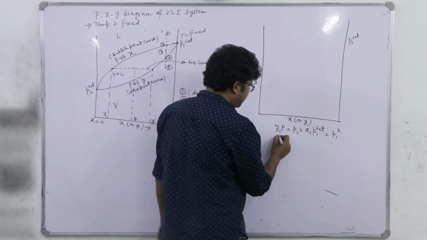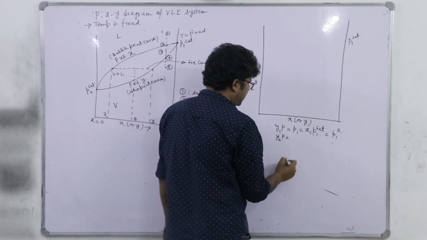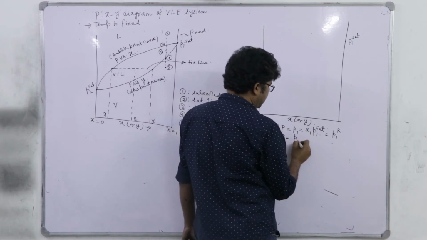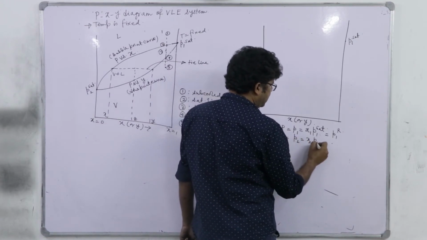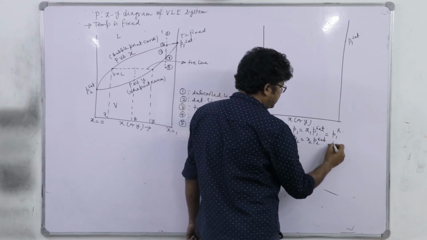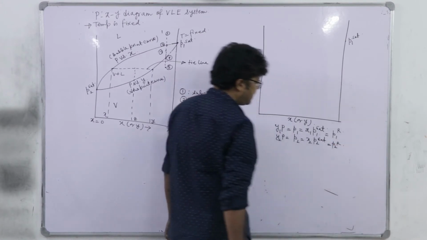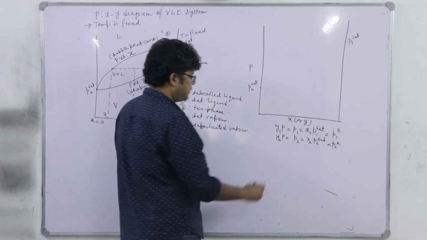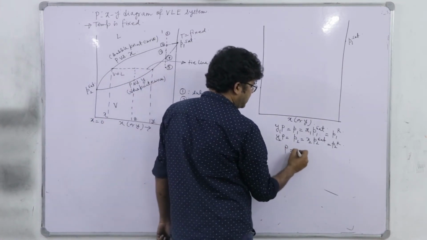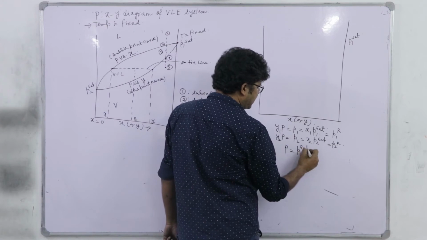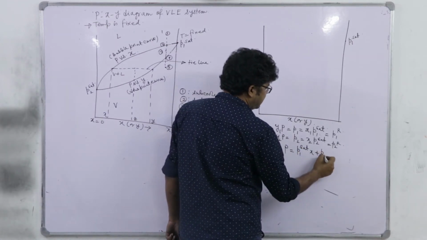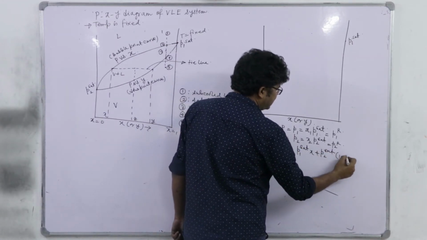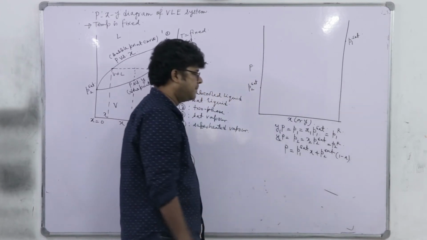And for component 2, y2 into p, that is equal to p2, that is x2 into p2 sat, that is equal to p2r. So if I add these two equations, I will get p is equal to p1 sat into x plus p2 sat into 1 minus x, because x1 equal to x.